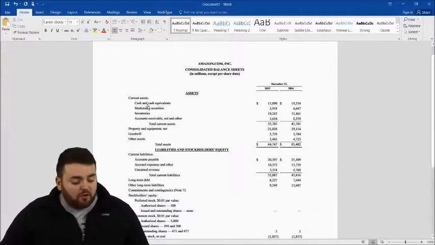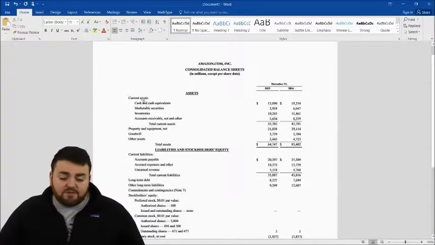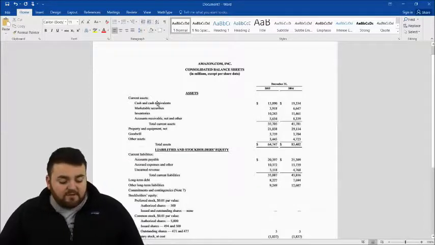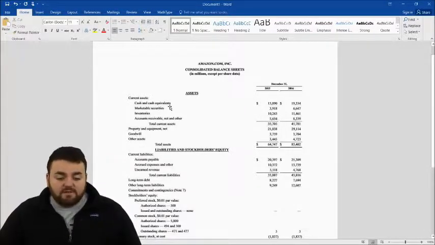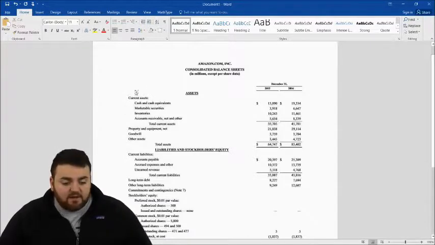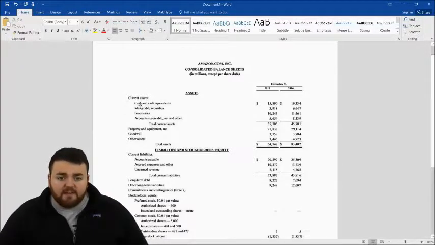For example, current assets are going to be any accounts receivable, inventory, cash, prepaid expenses, or any marketable securities. This is why all four of these items fall into the current assets. And below that, property, equipment, goodwill, and other assets are all fixed assets.